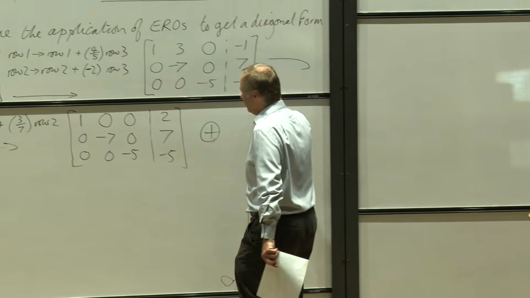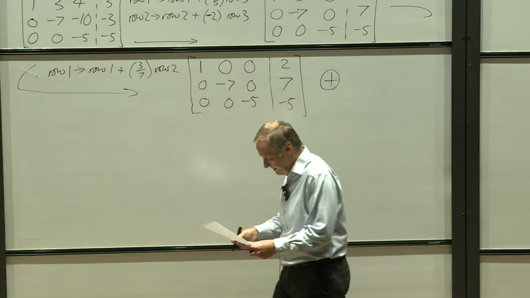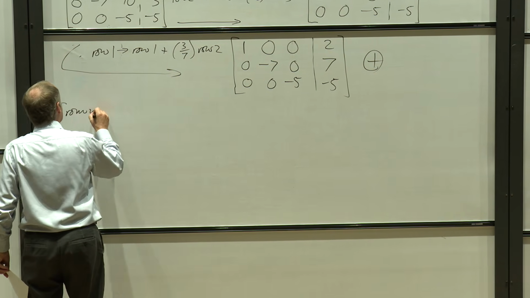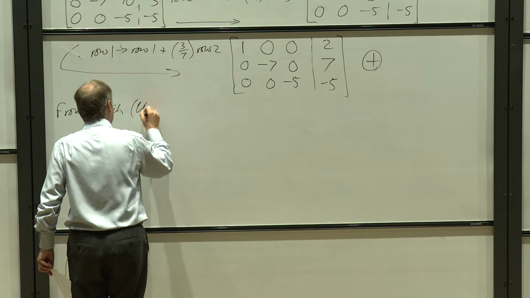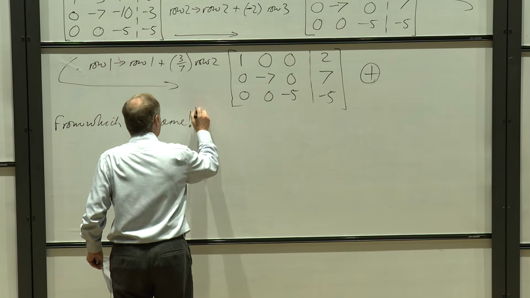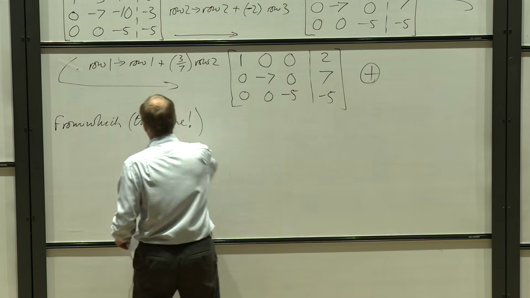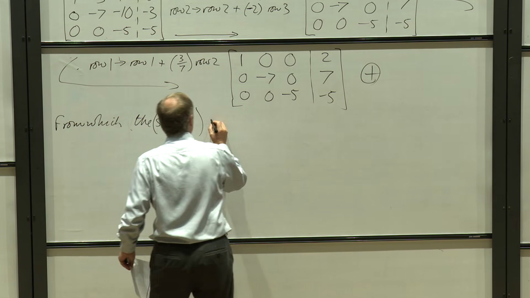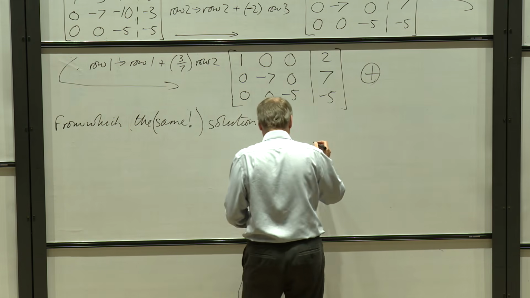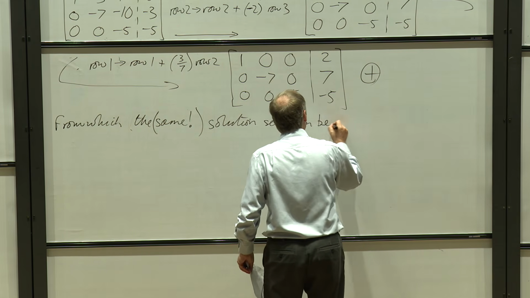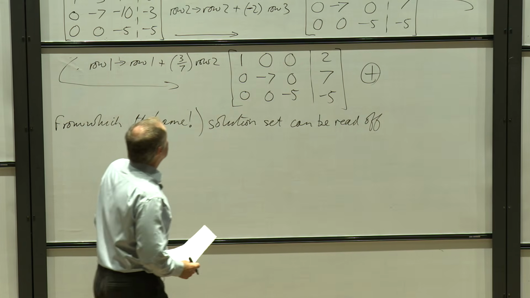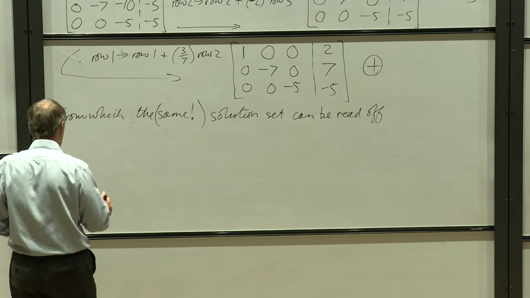And you can see from here the solution set, the same, of course it should be, solution set. So you can actually get a diagonal form if you wish to.